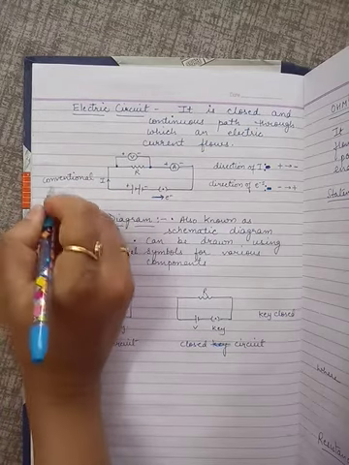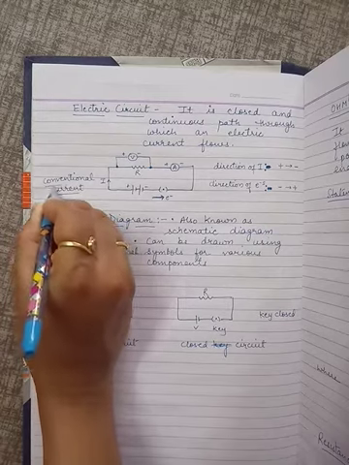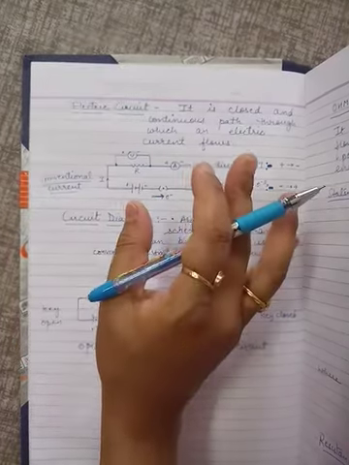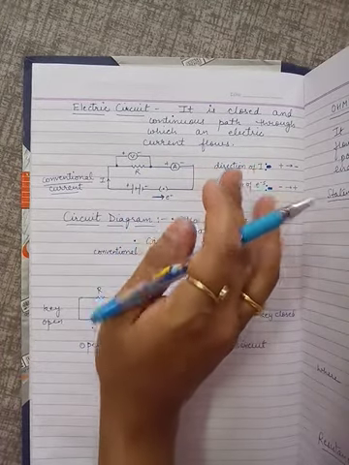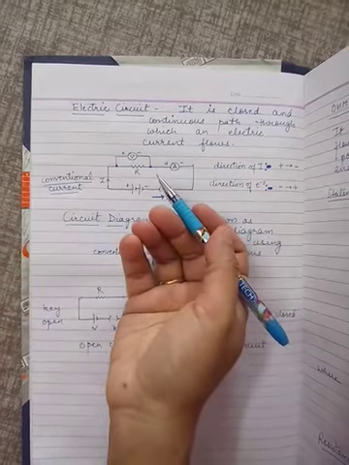Conventional current is a term given to the current value whenever it flows in any electric circuit. So it is not a new term, it is not different from electric current.